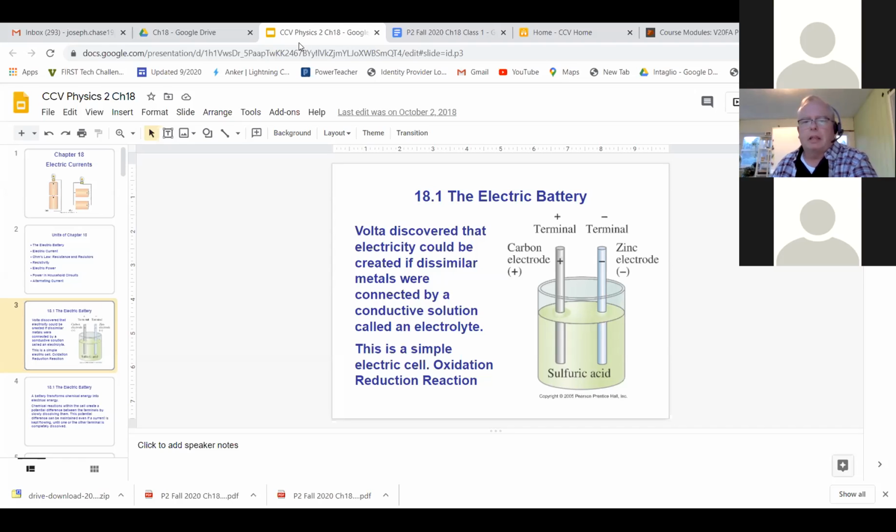What Volta figured out is that if you use different kinds of metal and sandwich them between pieces of leather that have been soaked in vinegar, you can figure out a way to apply this to frogs' legs and they would twitch.